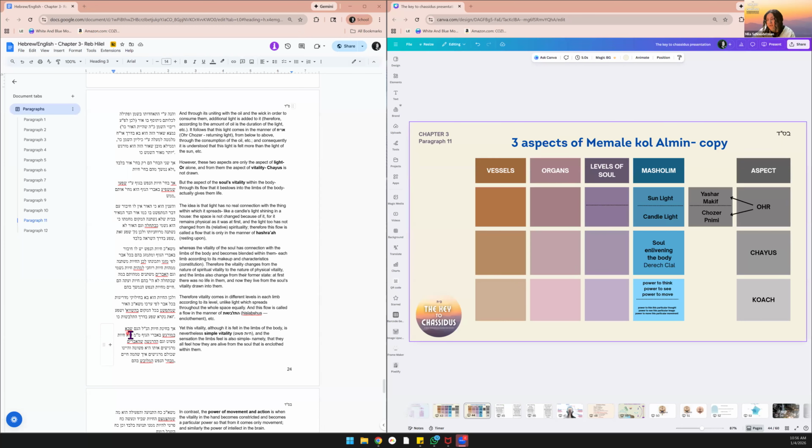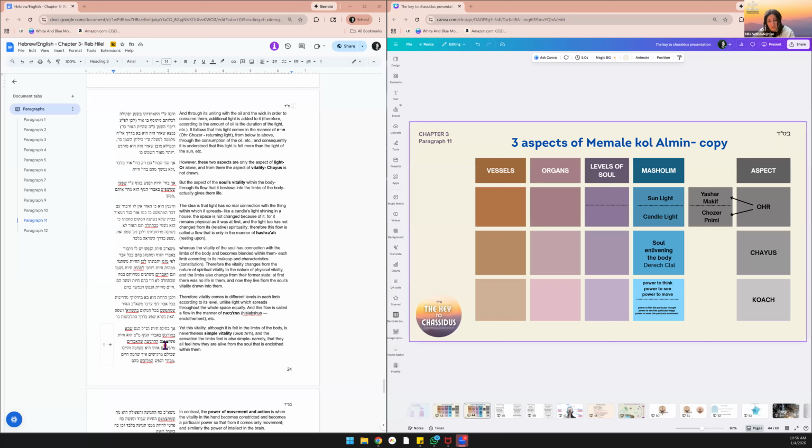אך בחינת חיוס הנ"ל, גם שבא במורגש בעברי הגוף, בכל מקום מבחינת חיות פשוט. Yeah, this vitality, although it is felt in the limbs of the body, it's nevertheless simple vitality. Simple because the function is to enliven the body. And unfortunately, you see many people who are still alive but cannot move, cannot see, cannot do anything.